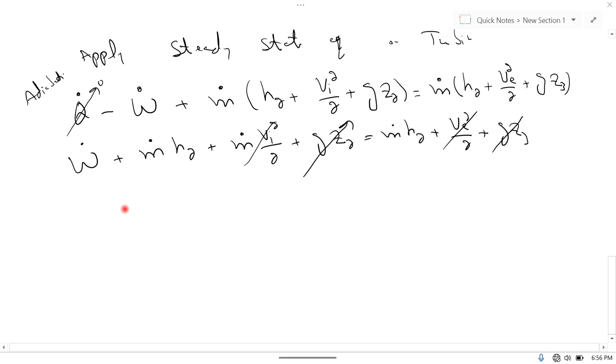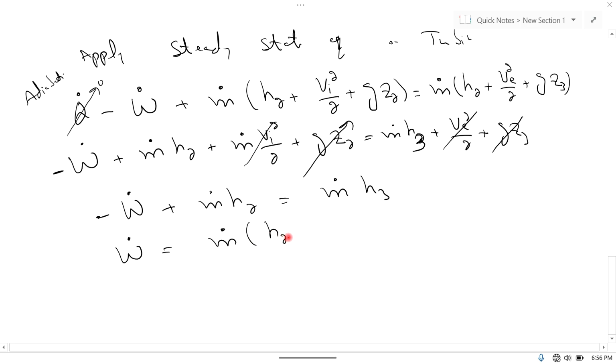So it means that this is H3, so minus W dot plus m dot H2 is equal to m dot H3, or we can write this as W dot is equal to m dot (H2 minus H3). We are finding H3 with the help of this equation.